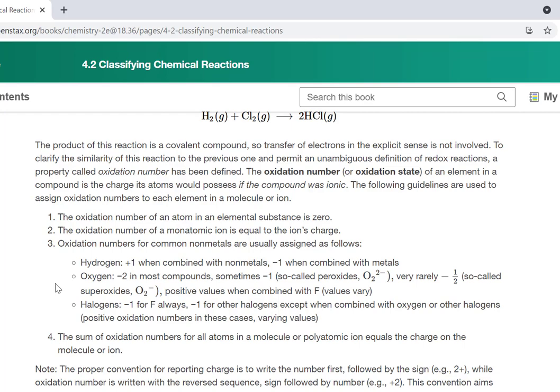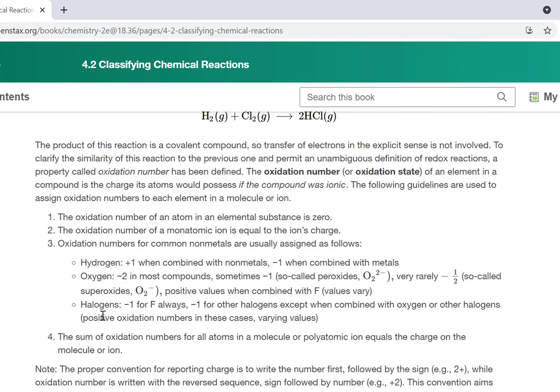You might at some point see a molecule in this class where the question is not about oxidation number, but you end up with something else for oxygen. So be aware there are other possibilities, but in terms of assigning oxidation numbers in this class, basically oxygen will be -2.